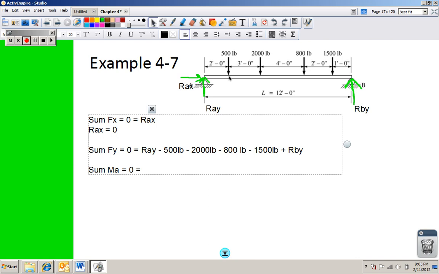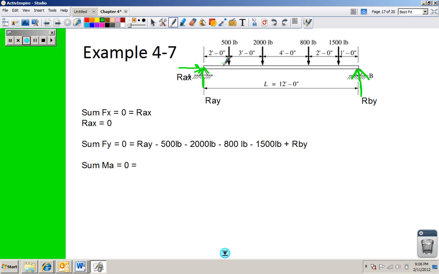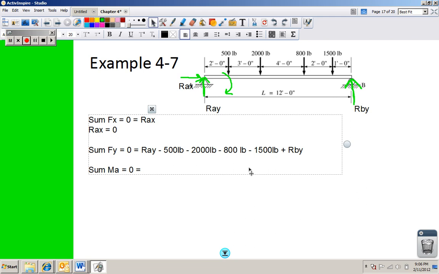The next one is the 500-pound force. Remember, if we stuck a pin in A here and pushed down here, it would cause a rotation. That rotation would tend to be this way. Alright, so that is considered a negative moment. So we'll use negative, and that's because the moment's negative, no other reason. 500 pounds times 2 feet.